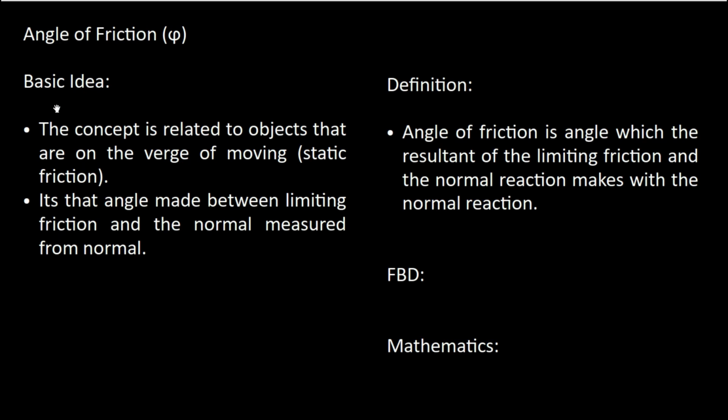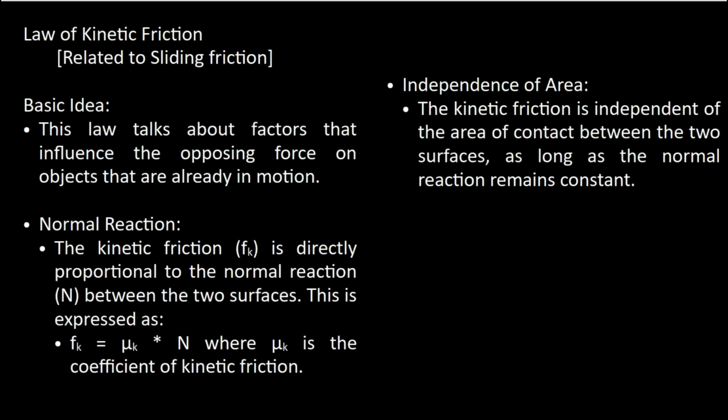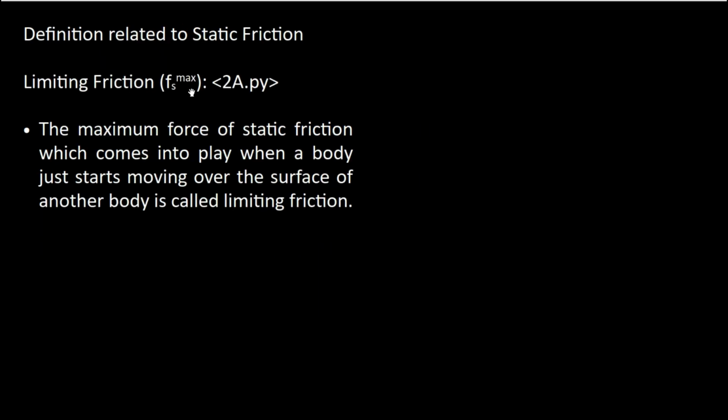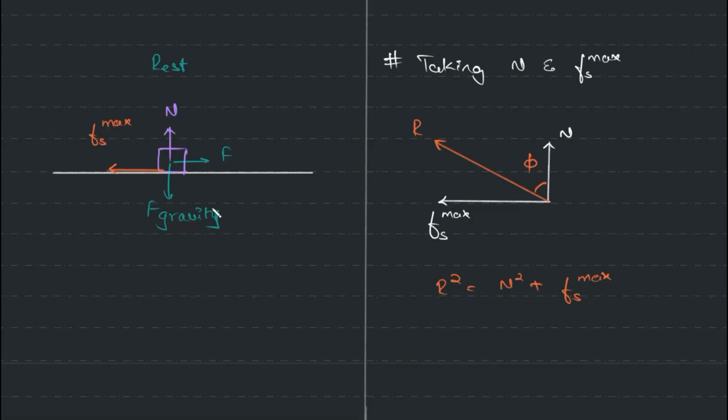Now let me read the text. Angle of friction is related to objects that are on the verge of moving. So we are looking at static friction itself, limiting friction. Let me mention that.